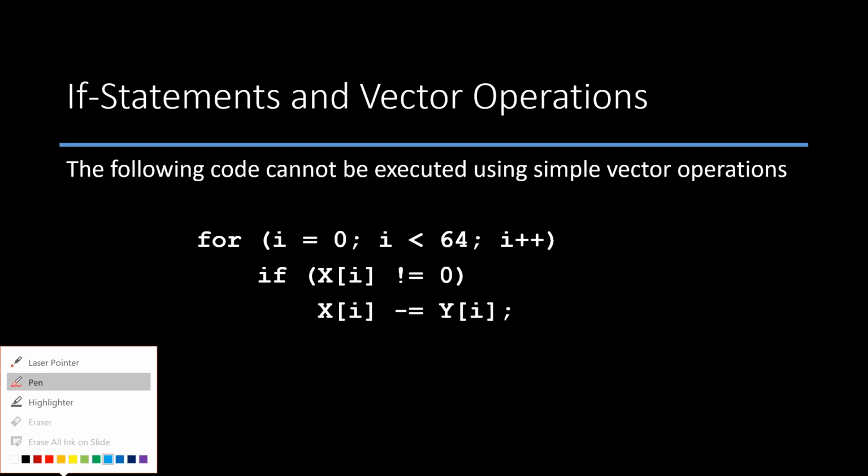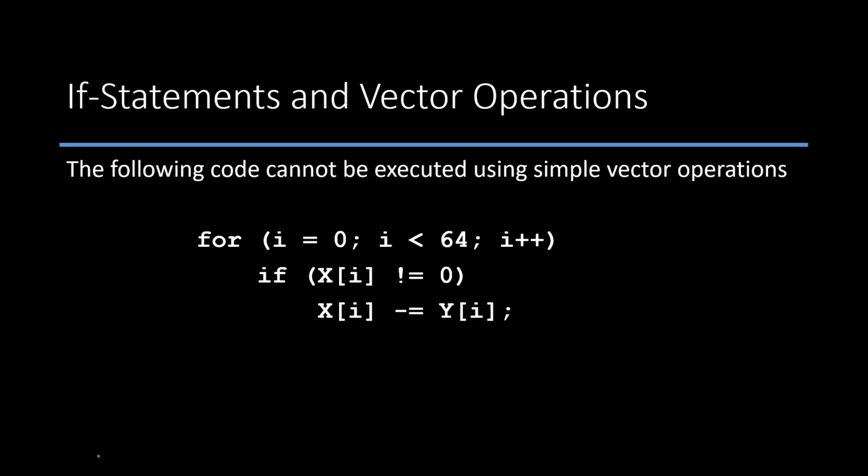There's not necessarily anything wrong with it. It's just saying, okay, what we're going to do is check every single element of our array X. And if that element happens not to equal 0, then we're going to subtract the corresponding element from array Y. Not a big deal, right?